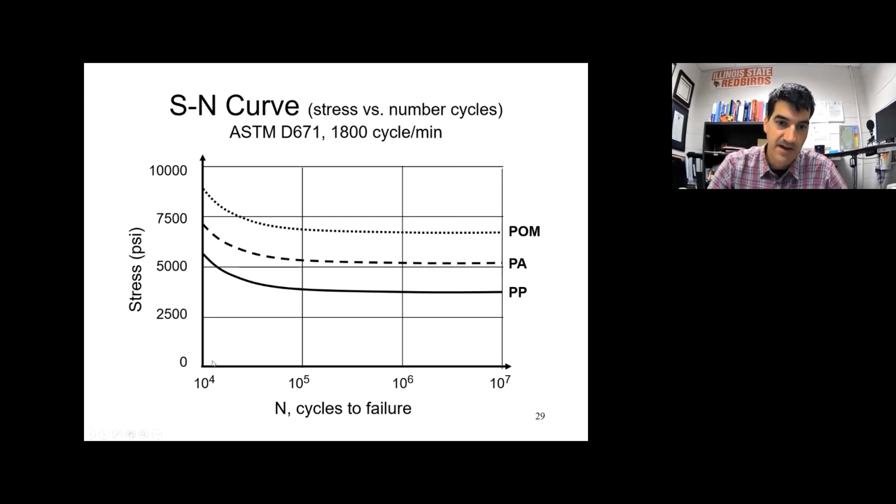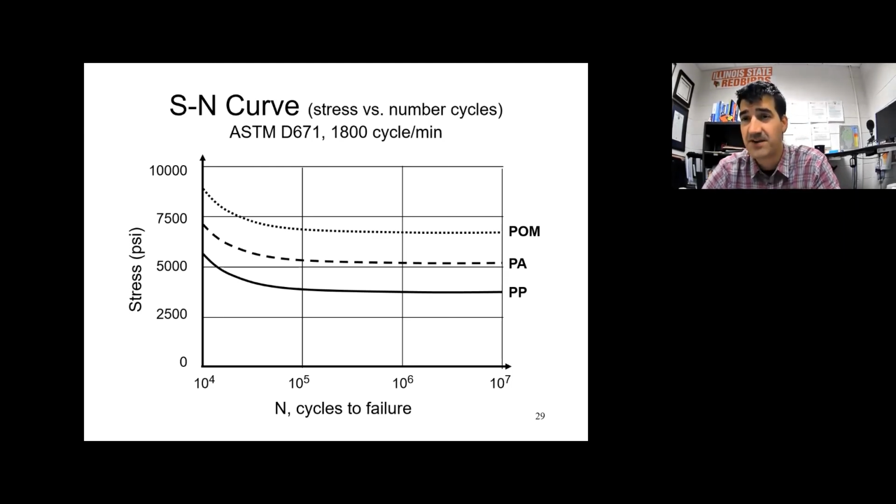So something a little bit more than 10,000 cycles is what I would expect to get. 10,000 rotations of the crankshaft is not very many. You probably need millions or tens of millions maybe of rotations of the crankshaft if you want your car to last 100, 200,000 miles. That's one way of using this curve.